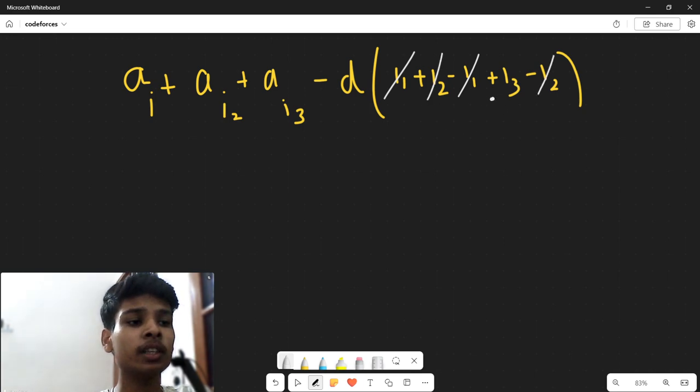The only thing remaining is i3, which means the problem is pretty much clear. How is the problem clear? For every index i, I choose the maximum elements from the total i indexes, subtract d multiplied by i from their sum, and the maximum of all these values will be my answer.